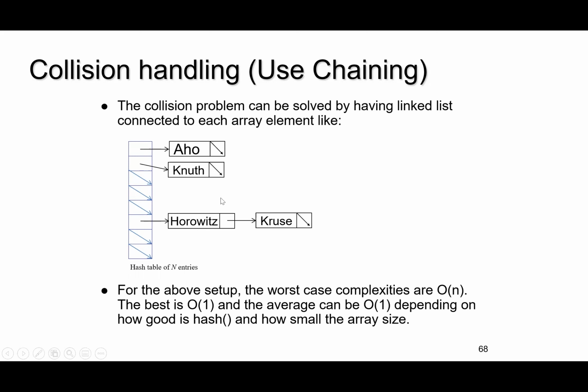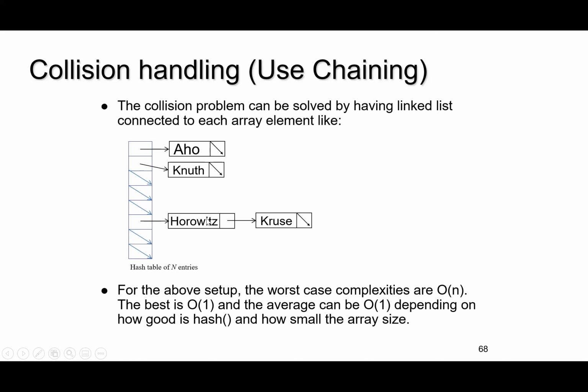So you can see this is how I solve collision using chaining. The worst case complexity when I search for something, for a hash table with chaining, is order of n. When will this happen? Worst case, if you are really so unlucky, the hash function that you use maps all the data to the same index.